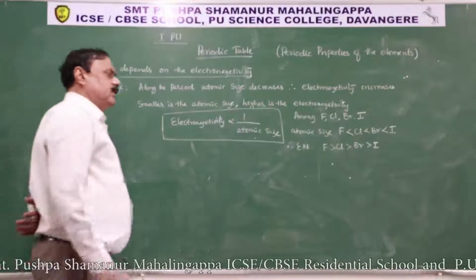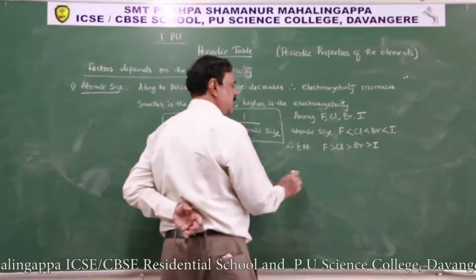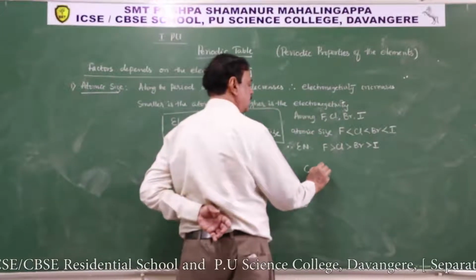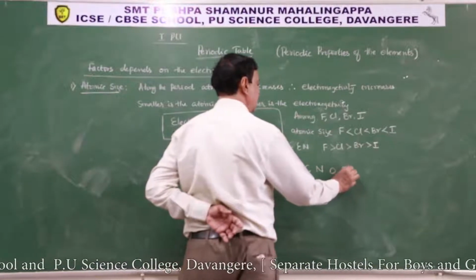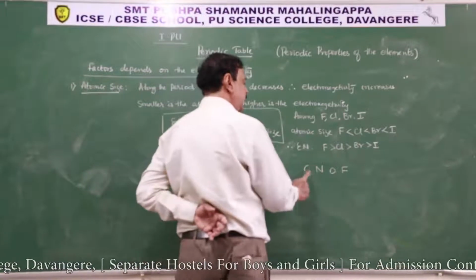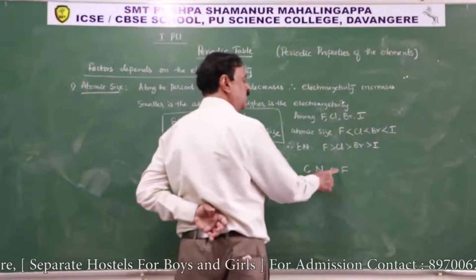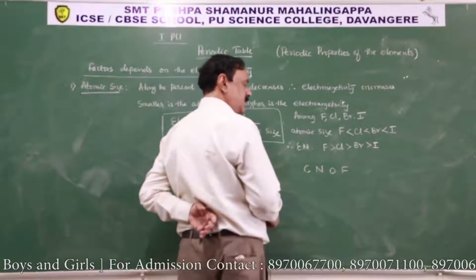Now, this is down the group. Take carbon, nitrogen, oxygen, fluorine. When you compare the 14th, 15th, 16th and 17th groups, atomic size gradually decreases.